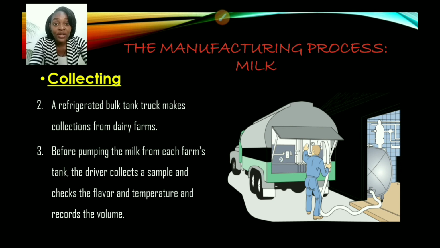Right? Now, a refrigerated bulk tank truck makes collection from the dairy farms. Before pumping the milk from each farm's tank, the driver collects a sample, checks the flavor and temperature, and records the volume.